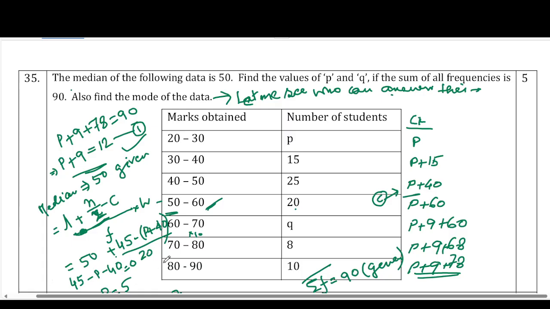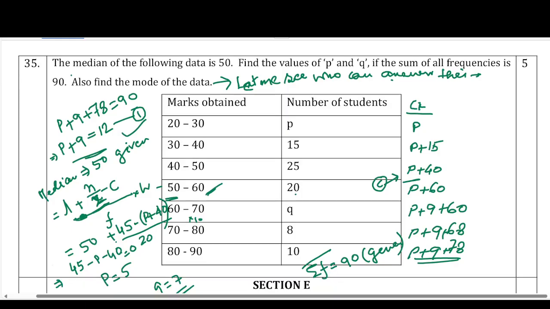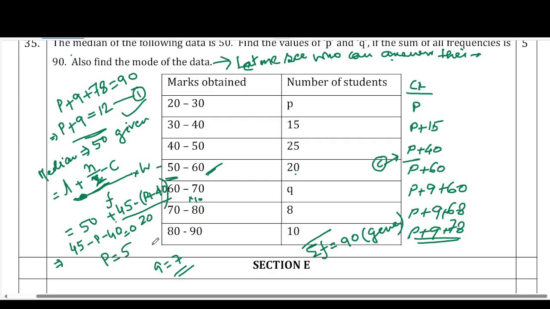Put the values and you will get P equal to 5. Since P plus Q equals 12, Q will definitely be 7. From this you can get the values of P and Q.